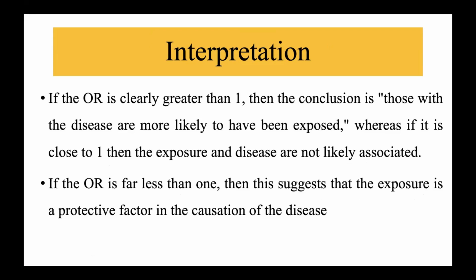A similar question you asked when we were doing the cohort study. So the number 1 is very important. If it's greater than 1, then there is an association with exposure. If it is equal to 1, then the exposure and the disease are not likely to be associated. And if it is less than 1, the exposure is protective.